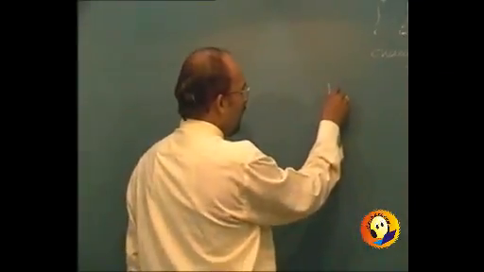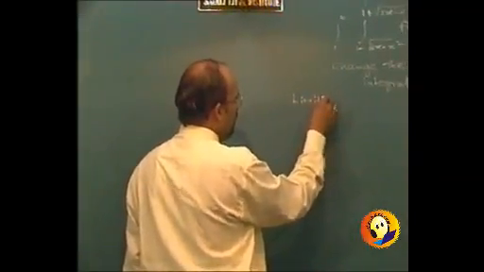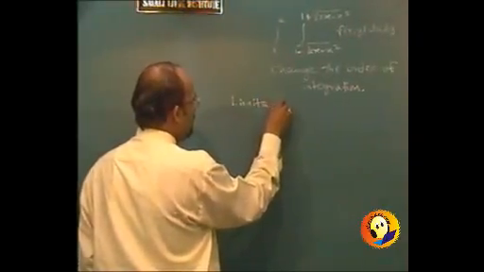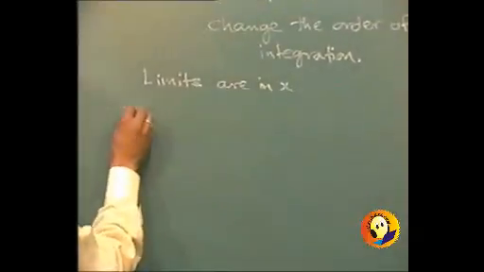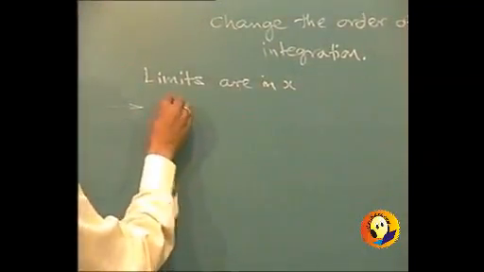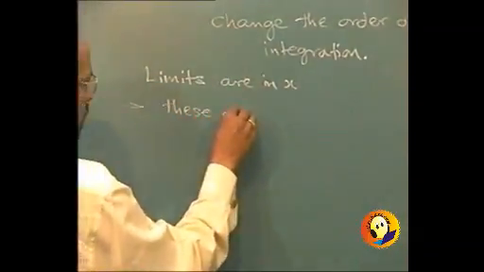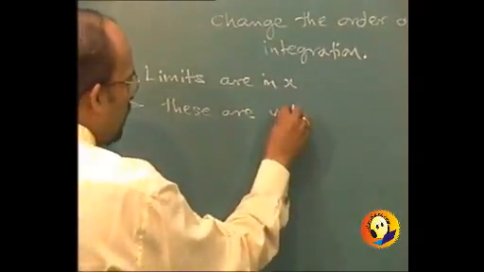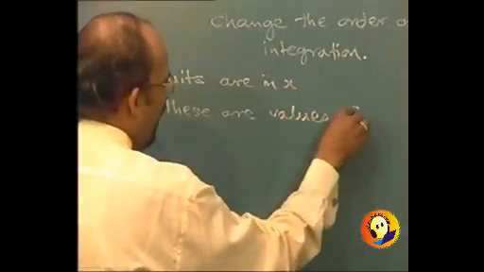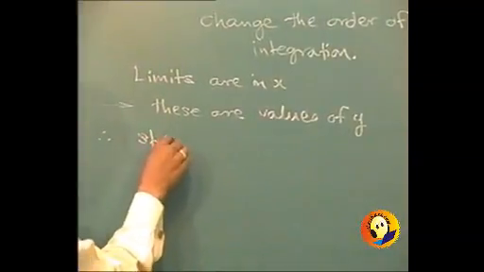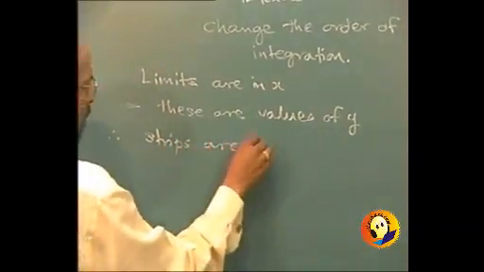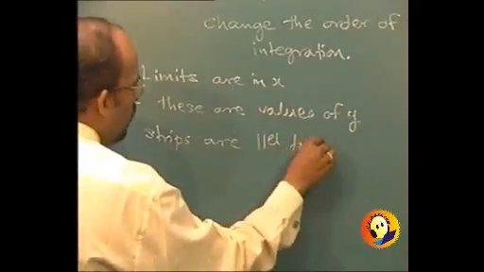So our standard thing, which we will be repeating only once: limits are in x. So the conclusion, these are values of y, therefore strips are parallel to the y-axis.